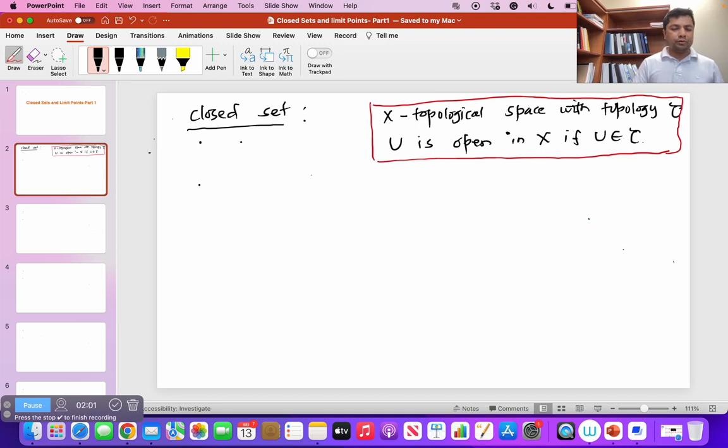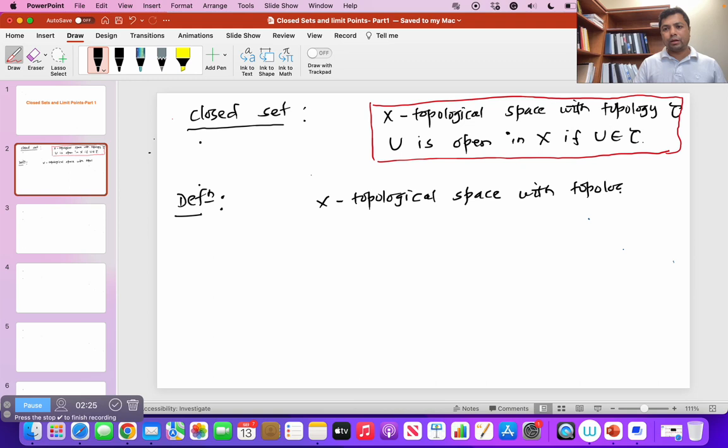Now, as I said before, we are going to give a formal definition of closed set. Let me give you the definition, and then I will give you some examples of closed sets. Let's say X is a topological space with topology tau.